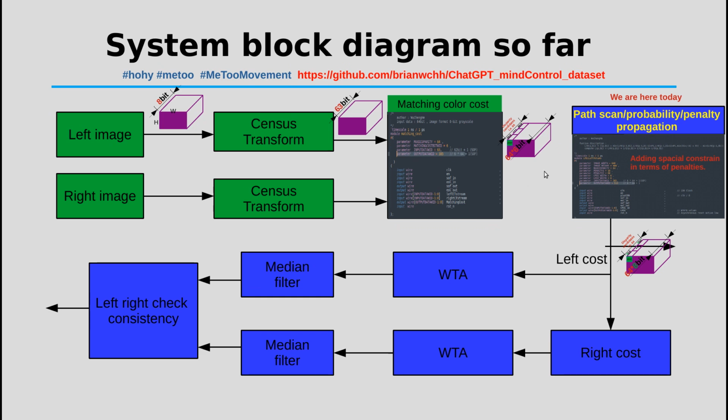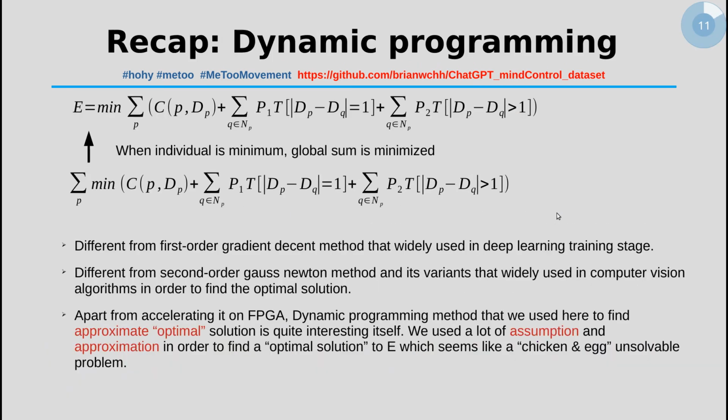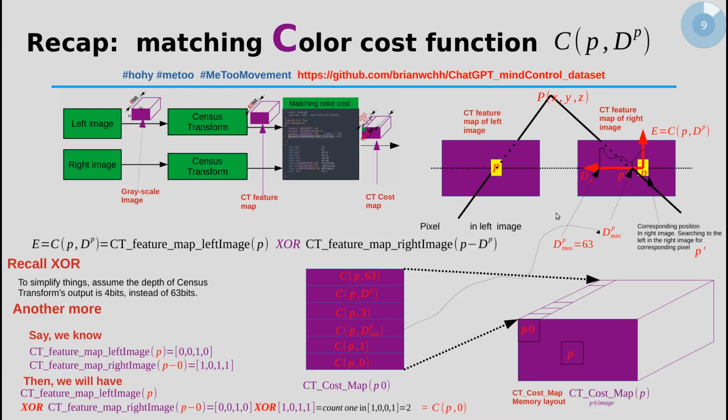We will talk about this technology in a later episode. Okay, that is the procedure of how we get this chunk of data, the CT cost map memory layout, and we are going to use this data in this episode.